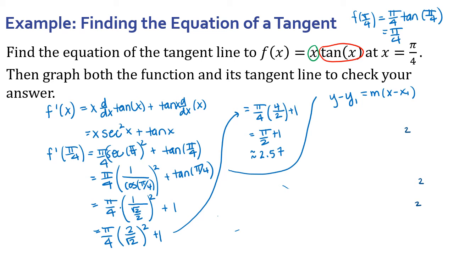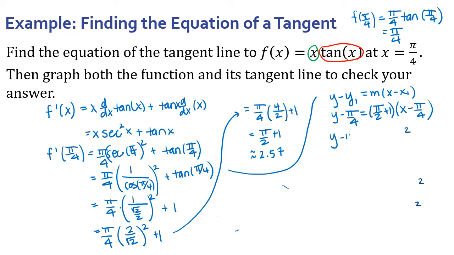So that's going to give me y minus pi over 4 equals, I'm going to use the exact slope, m times x minus pi over 4.